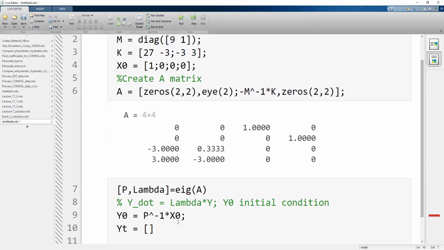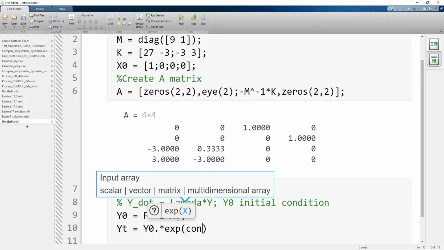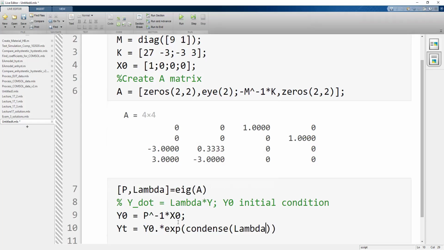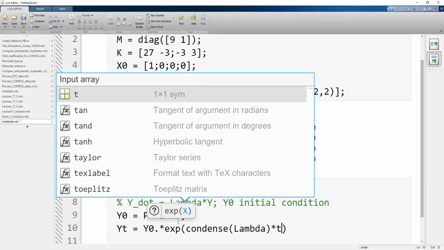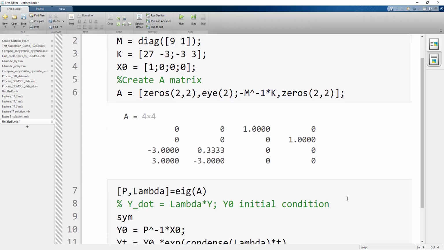It's just Y naught multiplied by the exponential term, lambda times t. And then I need to define the symbolic t.